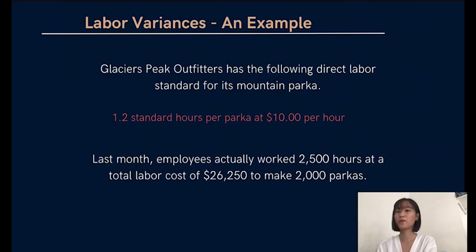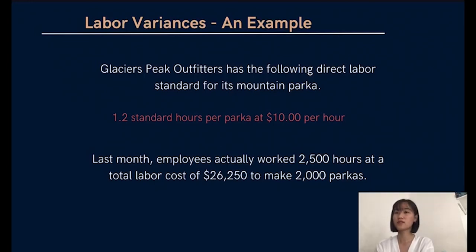An example: Glacier Peak Outfitters has the following direct labor standard for its mountain parka: 1.2 standard hours per parka at $10 per hour. Last month, employees actually worked 2,500 hours at a total labor cost of $26,250 to make 2,000 parkas.